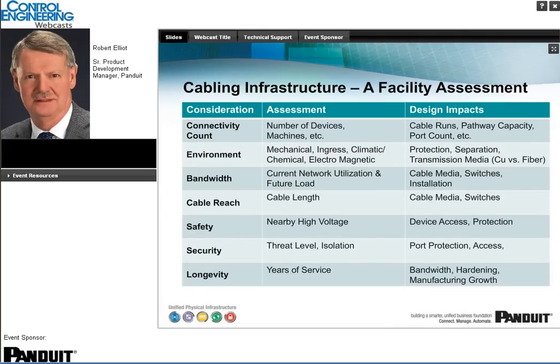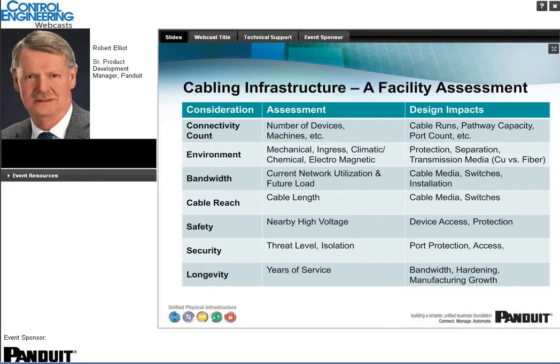Do you just install the number of horizontal cables that you need, or do you actually install more of them and just blank off those exposed jacks so that you can use that horizontal cabling later? What type of environment? We've talked about the MICE criterion. What kind of bandwidths? Again, that future-proofing where you know the performance and it can accommodate higher data rates.